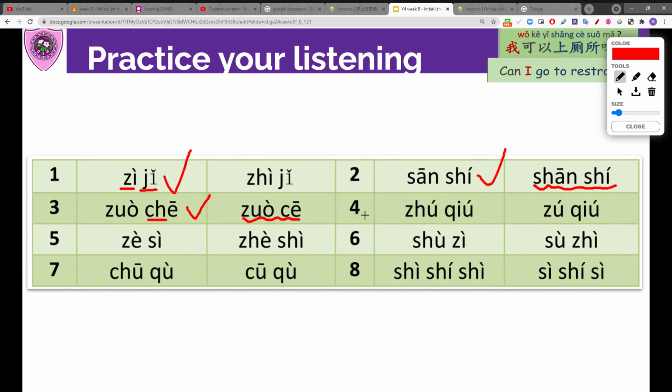Number 4. Let's have a look on the right side. Which one am I speaking right here? The pinyin is 足球.